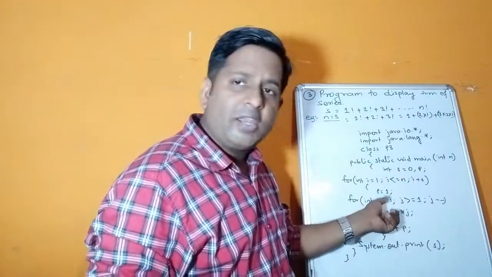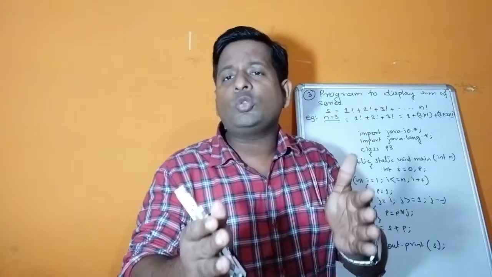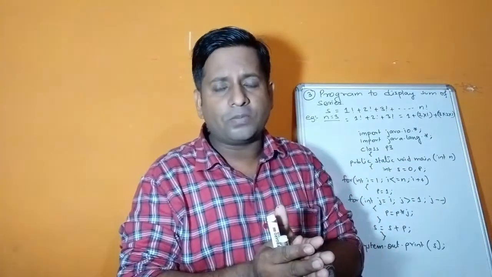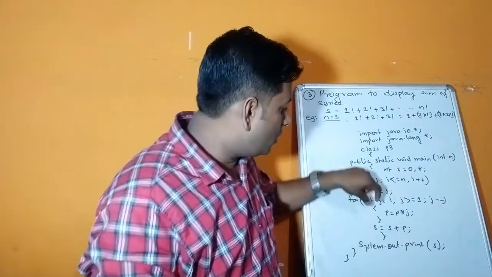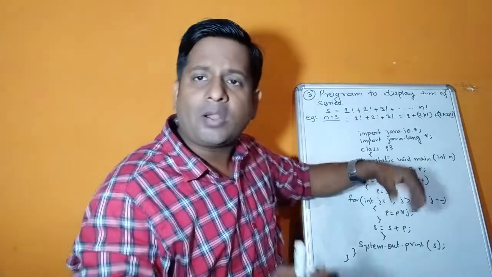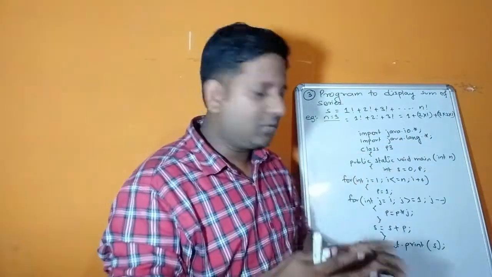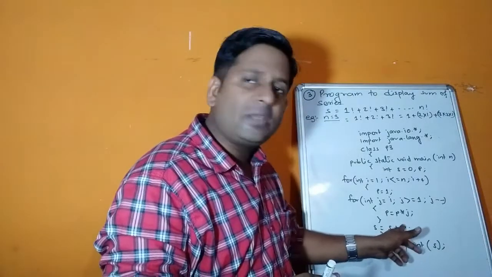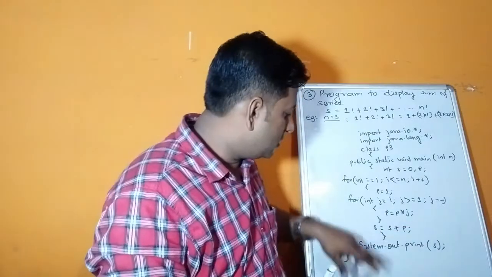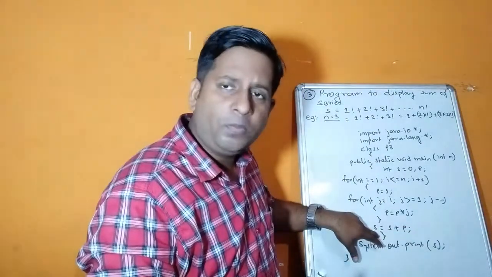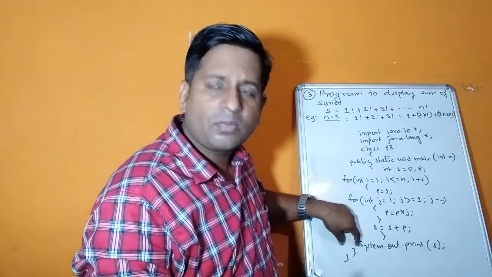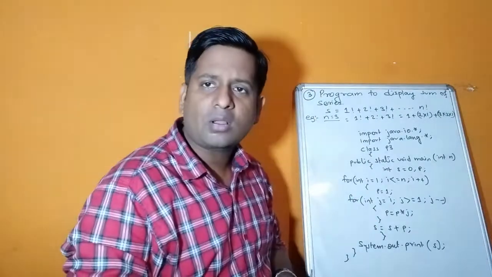Then inside this I multiplied: p is equal to p into j. The factorial will be calculated. Once you get the factorial, you have to add it to the sum, so s is equal to s plus p. We have added. Close this loop, then finally display the sum, close the function, close the class.